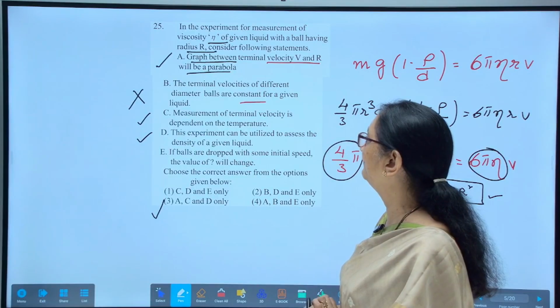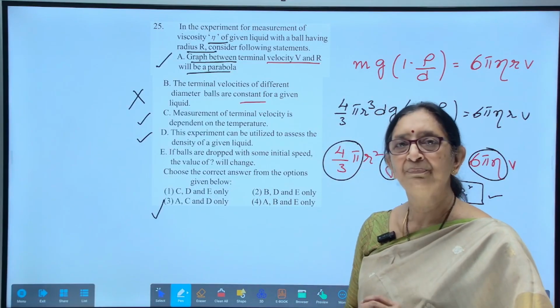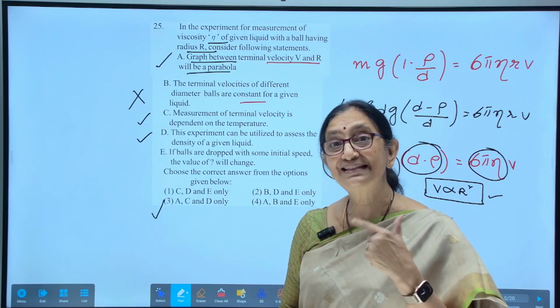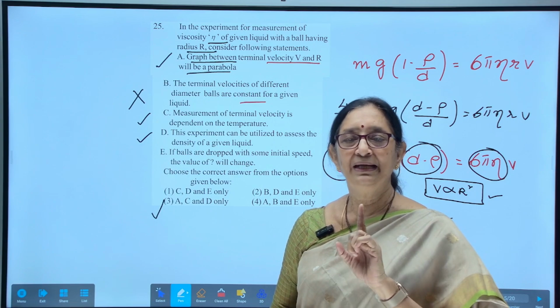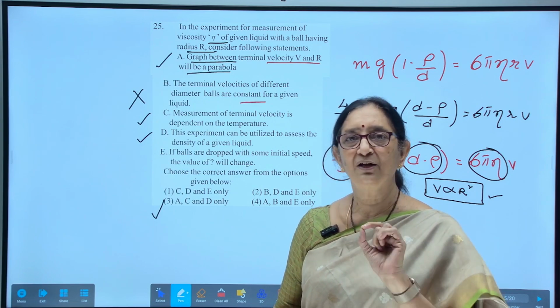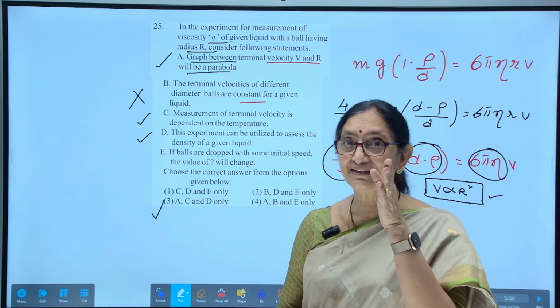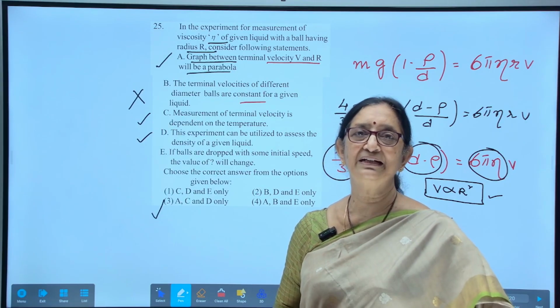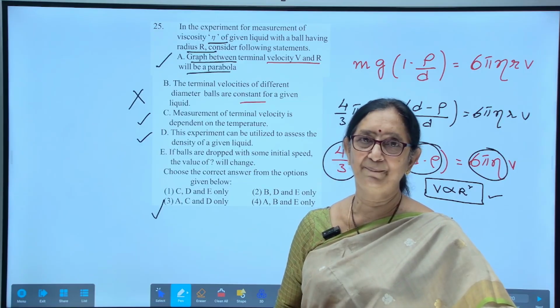Measurement of terminal velocity depends on temperature, because the coefficient of viscosity of the fluid changes with temperature. In case of gases, the coefficient of viscosity increases with temperature. In case of liquids, the coefficient of viscosity decreases with temperature.